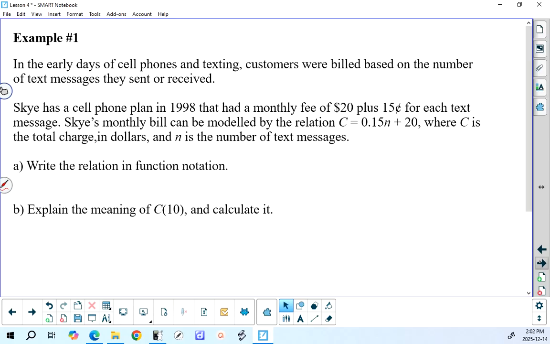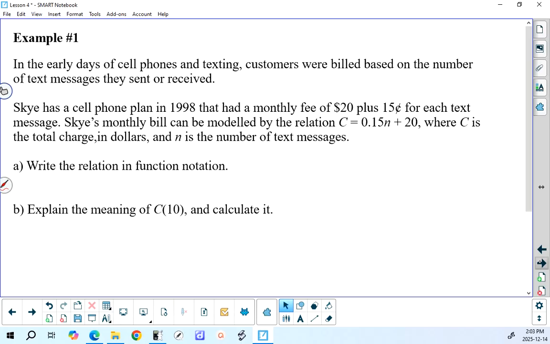Example number 1. In the early day of cell phones and texting, bills were based on the number of text messages sent or received. When companies started saying you had unlimited texting, that was a big thing, because prior to that you had to pay every time you sent a text.